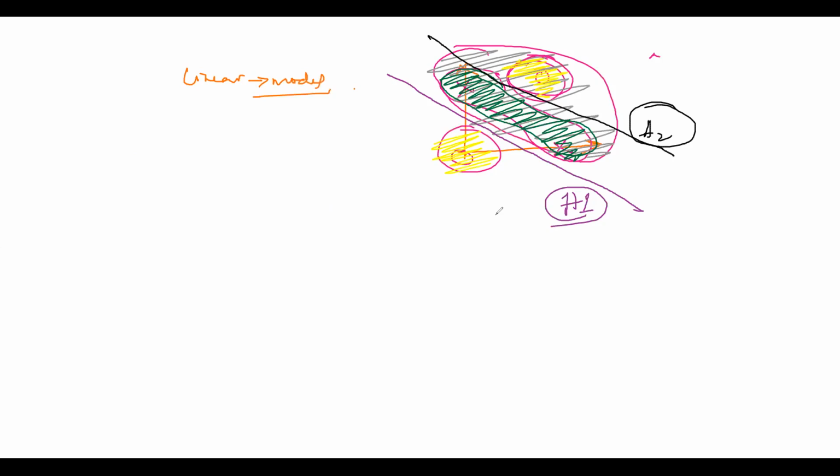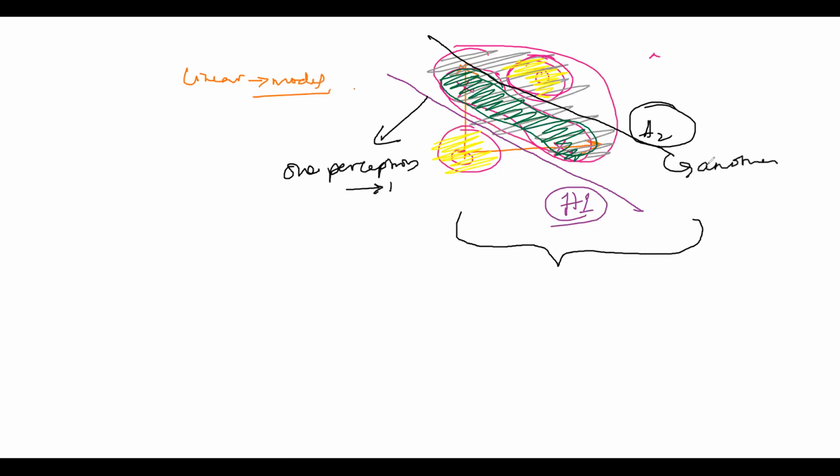How did I deduce this whole scenario? This hyperplane is made by one perceptron, and this hyperplane is made by another perceptron. So when I mix these two perceptrons, what will it be? Let me say this is my x1 and x2.